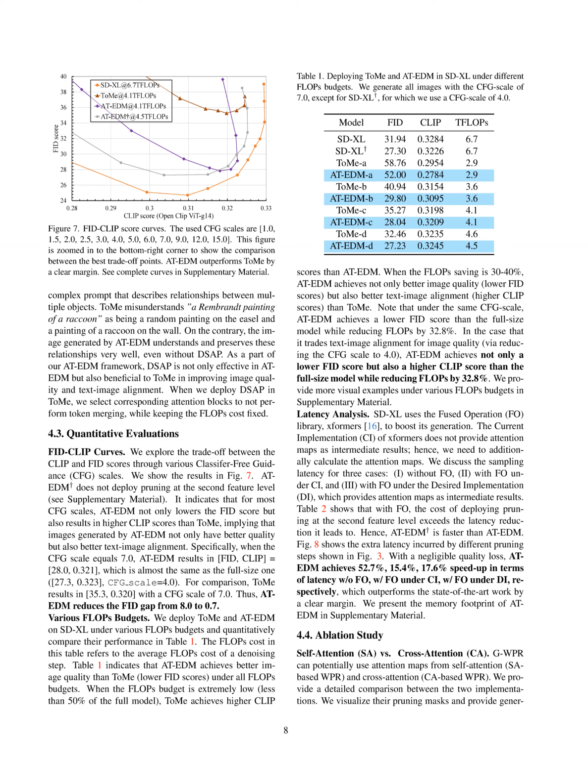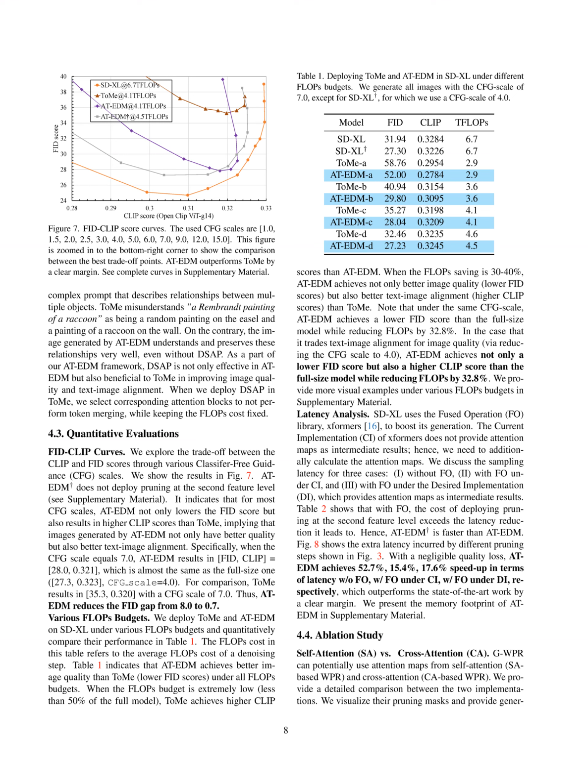Under the same CFG scale, AT-EDM achieved a lower FID score than the full-size model while reducing flops by 32.8%. Additionally, when trading text-image alignment for image quality by reducing the CFG scale to 4.0, AT-EDM achieved both a lower FID score and a higher clip score than the full-size model while still reducing flops by 32.8%.